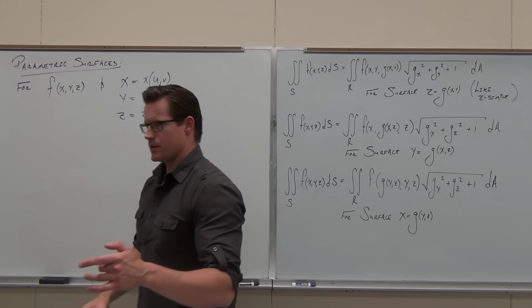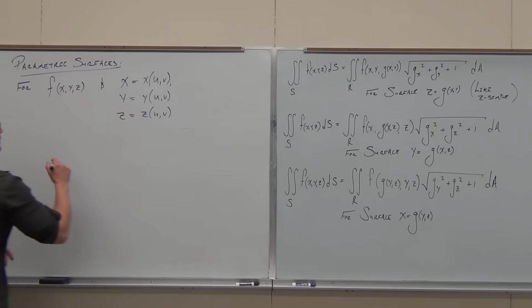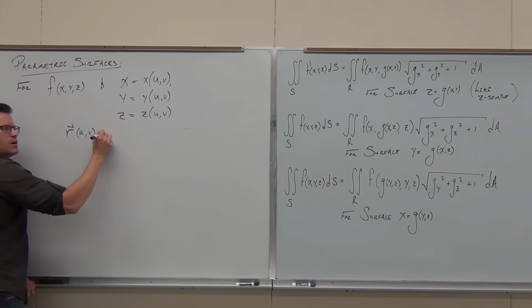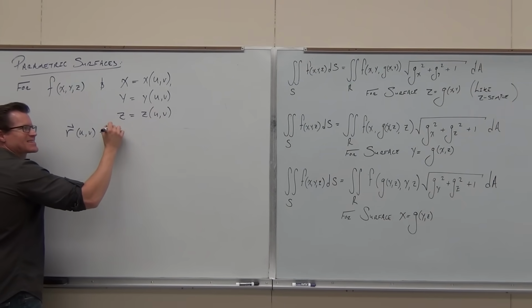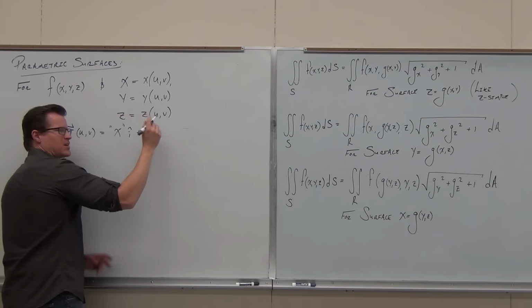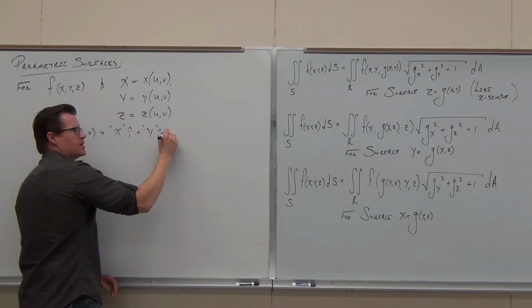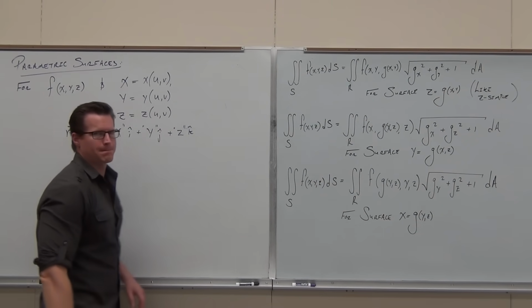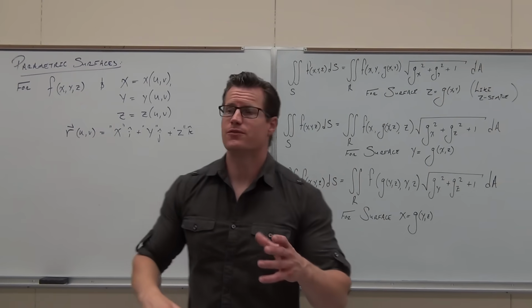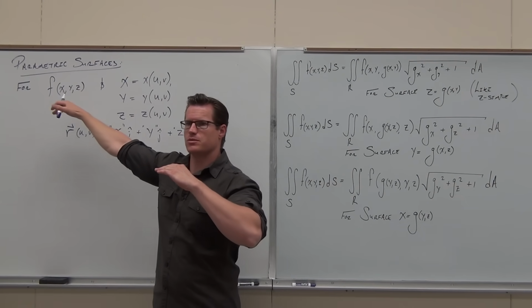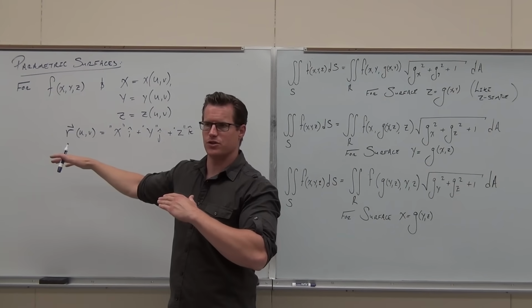If you can do that, and if vector functions are always the x thing i plus the y thing j plus the z component k, then you can redefine a surface in terms of a vector function.